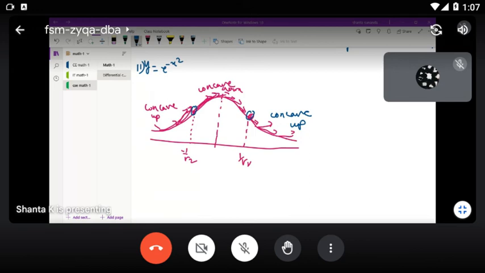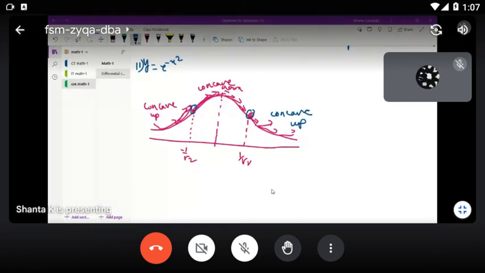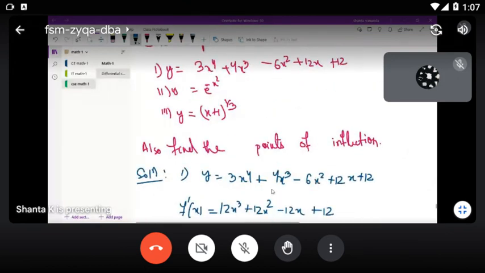Ma'am, can you show the question again, please? f(x) equals (x plus 1) power 1 by 3.